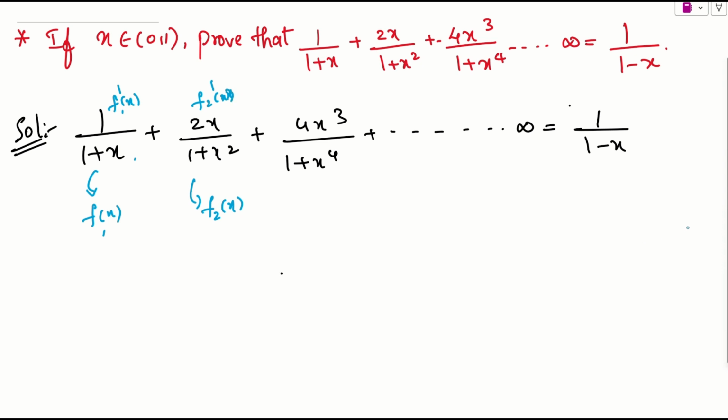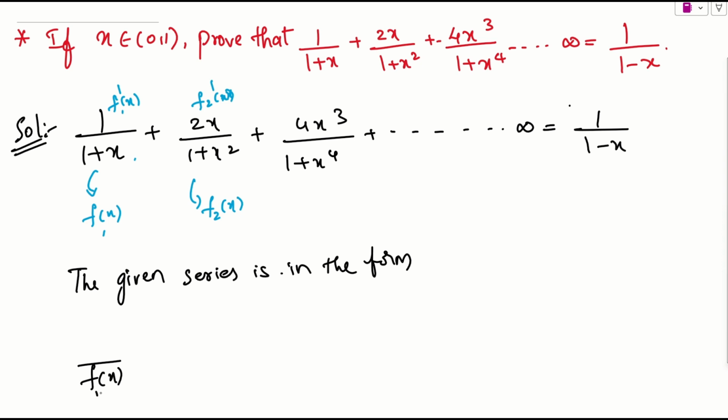Yes. So let us rewrite the given series, which is in the form of, if you take the denominator as f1 of x, its derivative will be there, that is f1 dash of x.